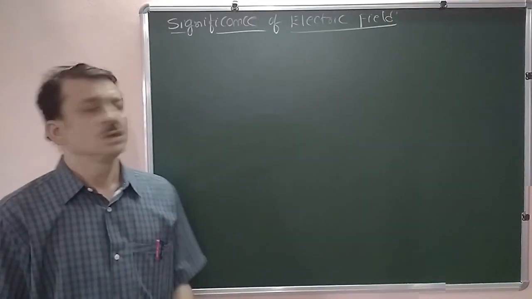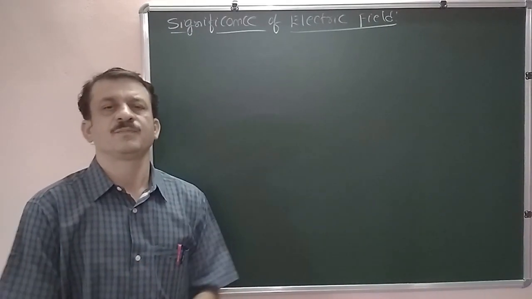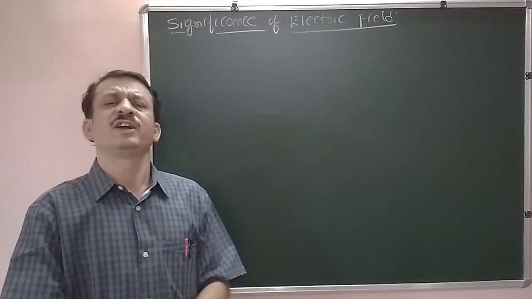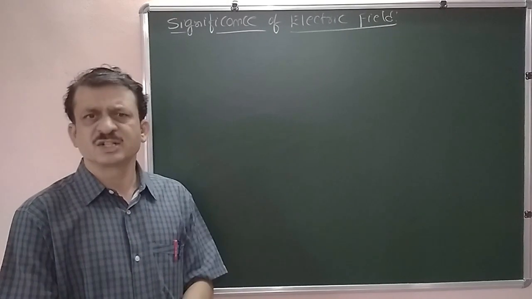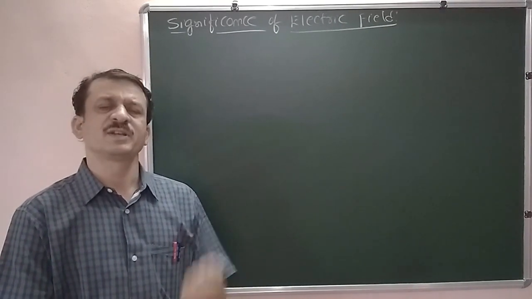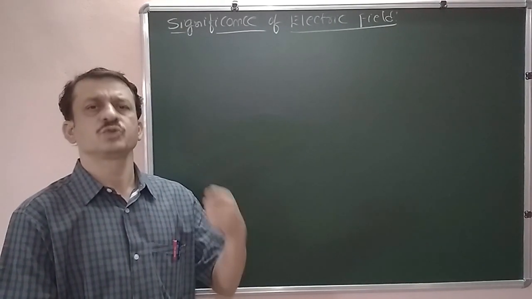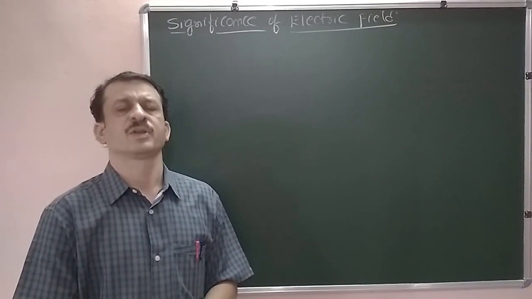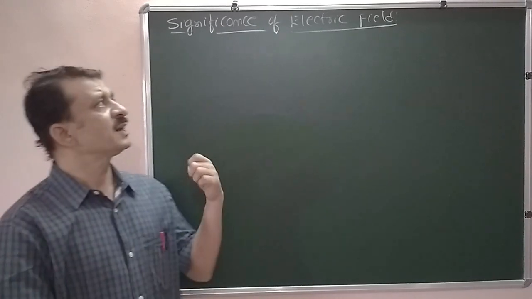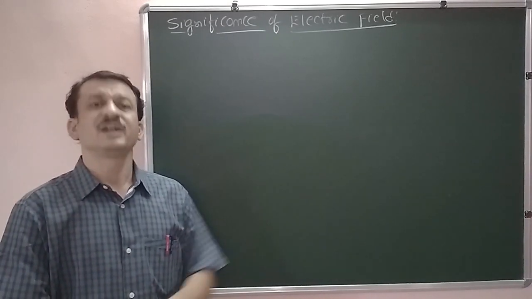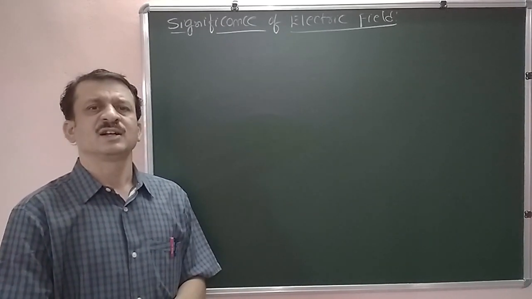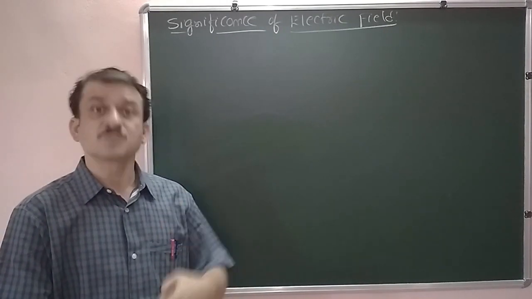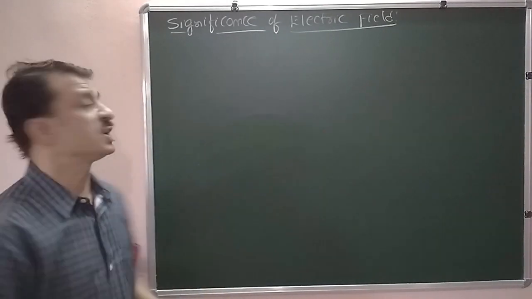The significance of electric field. Now, what is an electric field? Due to a point charge, it is the force experienced by a unit positive test charge placed at that point, and hence the electric field characterizes the electric atmosphere around a point charge.